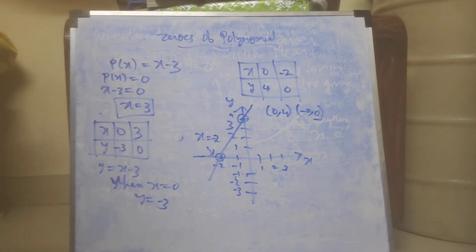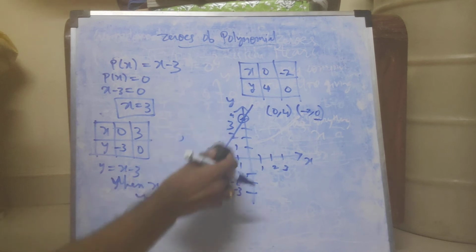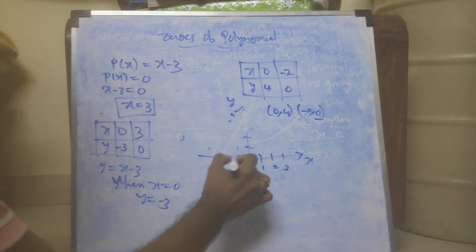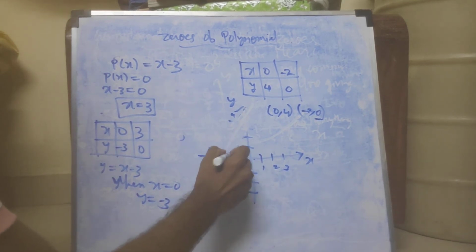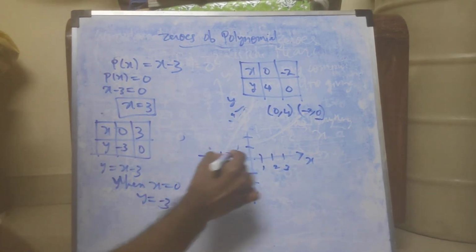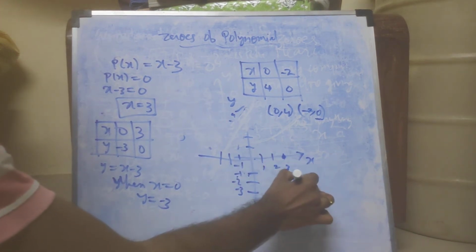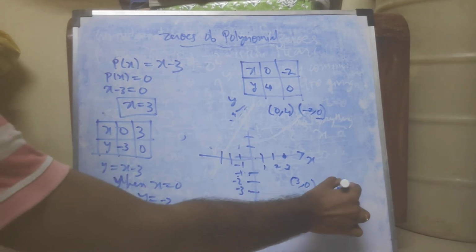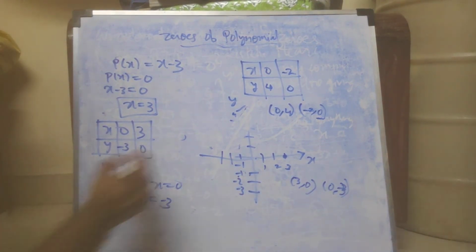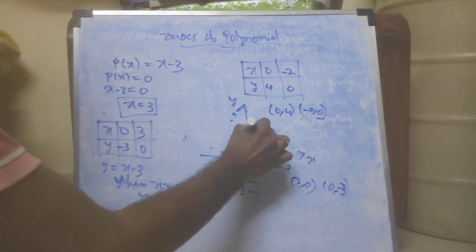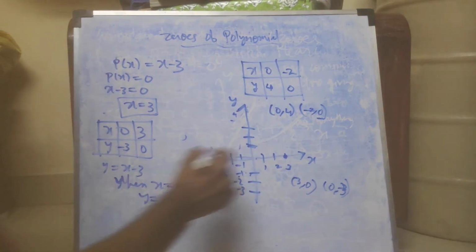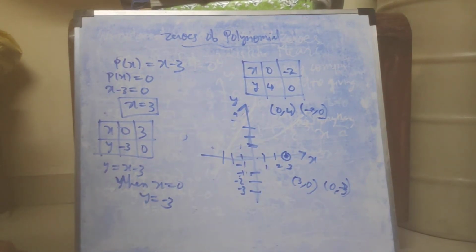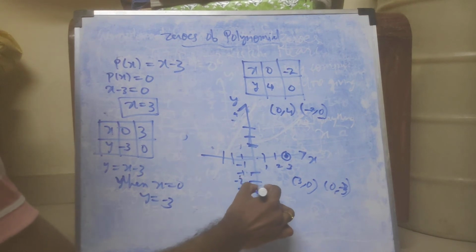If I plot this, the points are 3 comma 0 and 0 comma minus 3. 3 comma 0 lies on the x-axis, and 0 comma minus 3 lies on the y-axis.